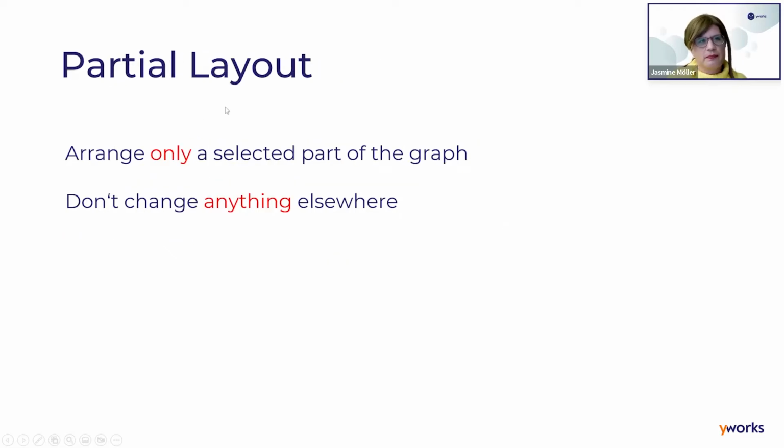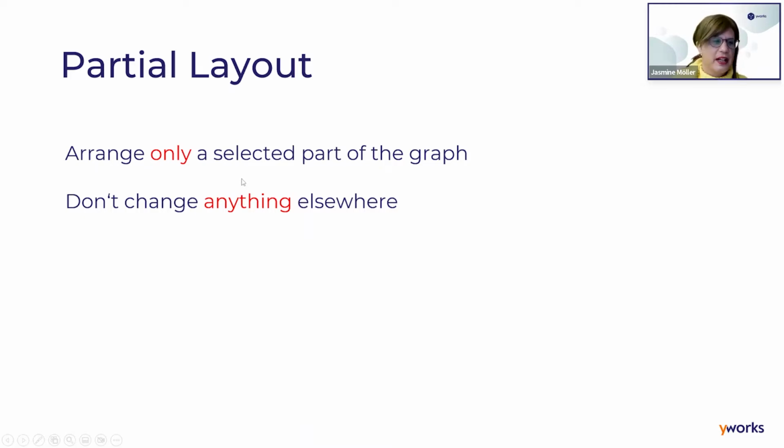It's also called the partial layout. I've stolen that name, actually. The main goal is we want to arrange only a selected part of the graph, nothing else. We don't want to change anything elsewhere. Maybe you have noticed the hierarchic layout already had the incremental option, but you had no guarantee that the rest of the graph was kept intact.